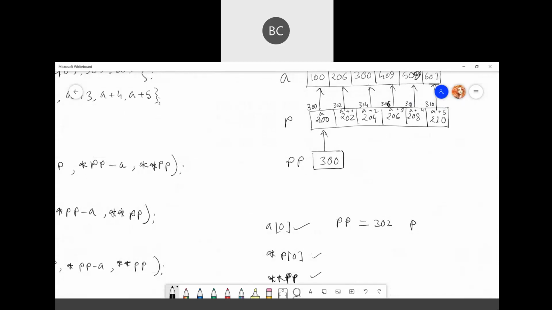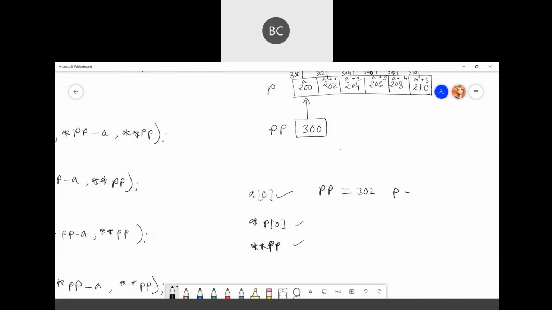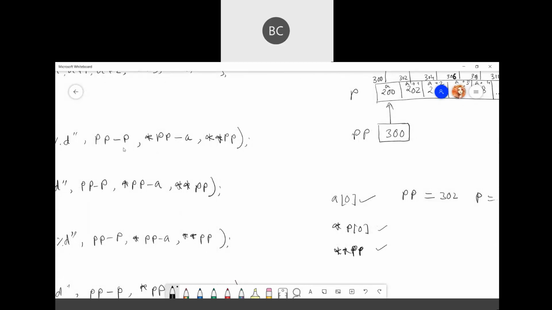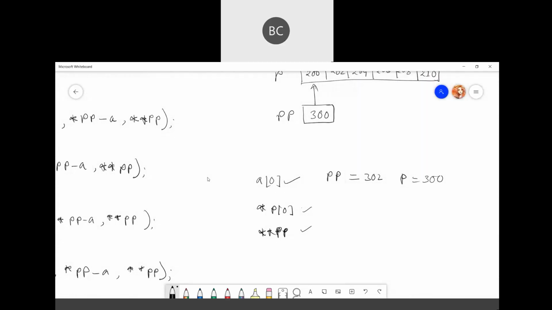P is still the same, the address is 300. Now we want pp minus p. So pp minus p equals 302 minus 300.